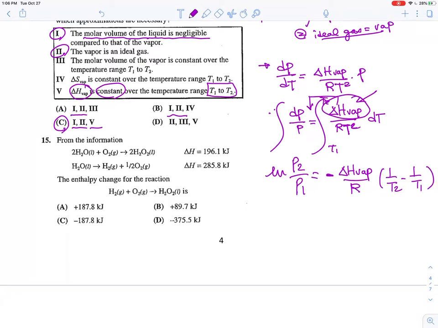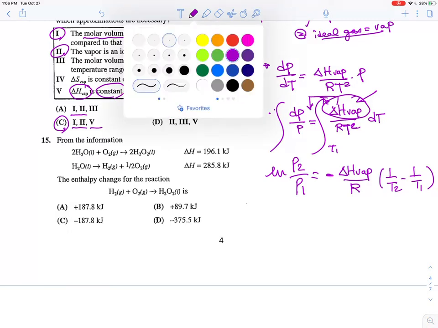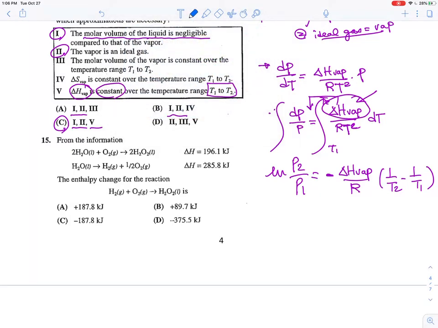Okay, number 15 is actually pretty much a Chem 2 problem. Let's do this. Enthalpy is a state function, and they want us to find delta H for this particular reaction, which is bound by the way the reaction is written.